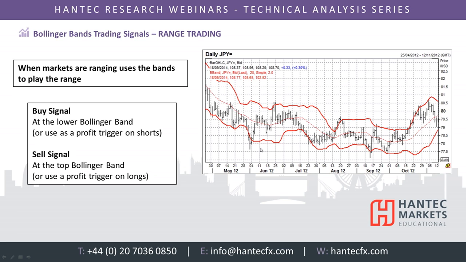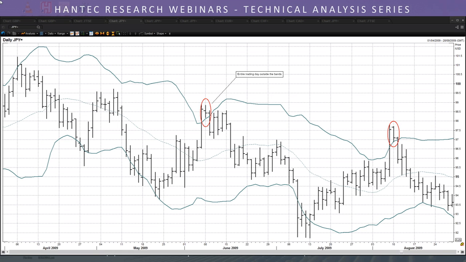When you hit one band, the expectation is that you will then push back towards the other band, basically because you're not looking for any extreme move. It is unlikely to continue in this big ranging scenario, and then you can just play high and low, buying at the low, selling at the high, and using the bands effectively in that scenario.